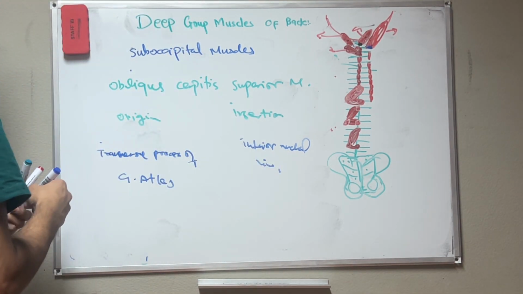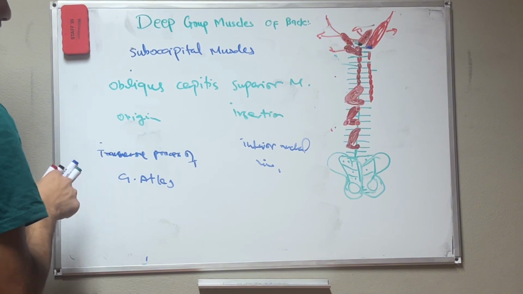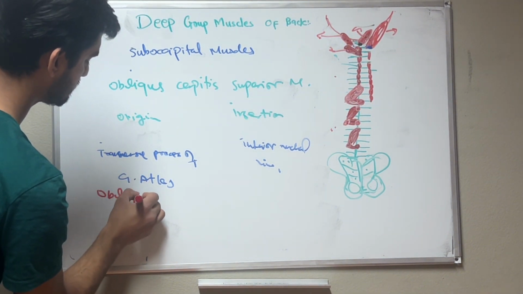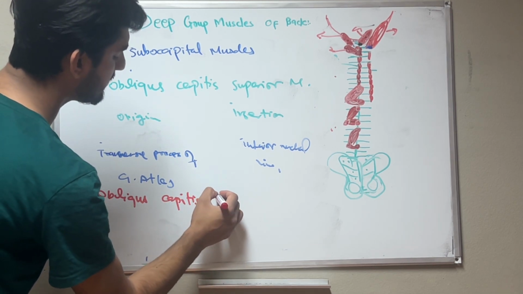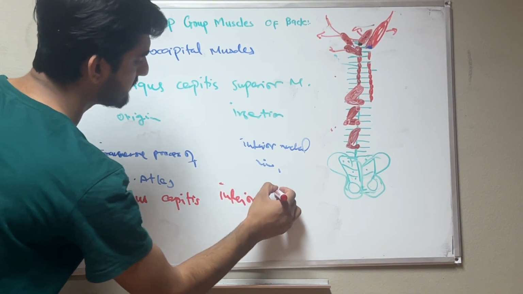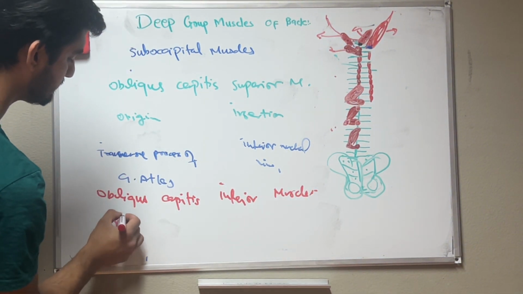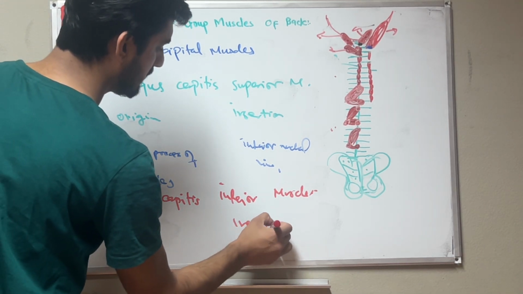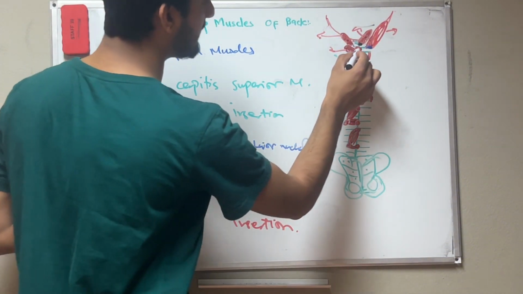But this one is the obliquus capitis superior; now the inferior one, obliquus capitis inferior muscle. Okay, origin and insertion. Now see, very simple, this is a spine process.